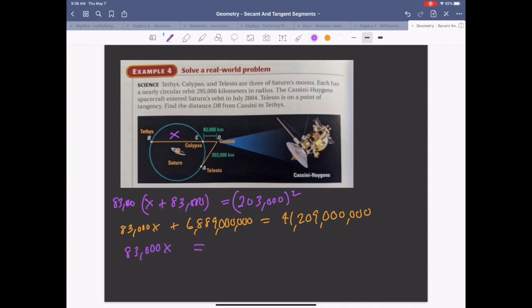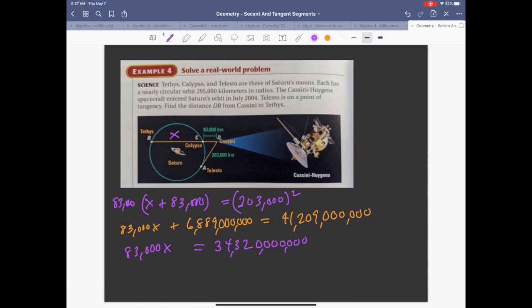So now let's go back to this gigantic number. That's 41 billion, 209 million, minus 6,889 million, and we get 34,320,000,000.